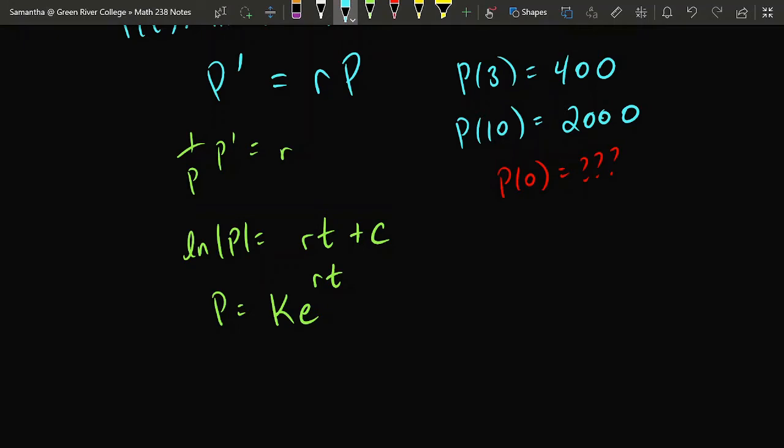So let's see if we can figure out these values using the 2 points that are given. Let's see what happens if I plug in t equals 3. 400 is the result, and that's equal to k times e to the 3 times r. Meanwhile, 2,000 is equal to k e to the 10 times r.